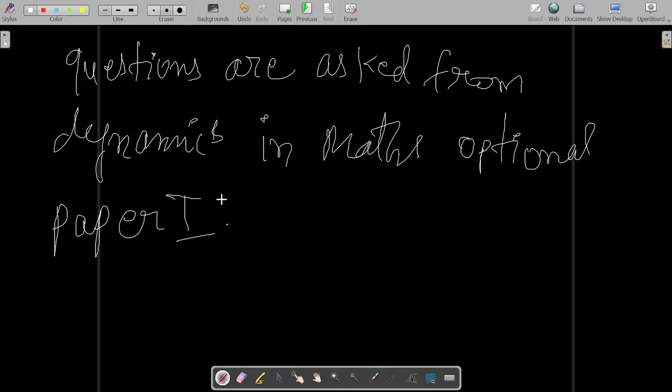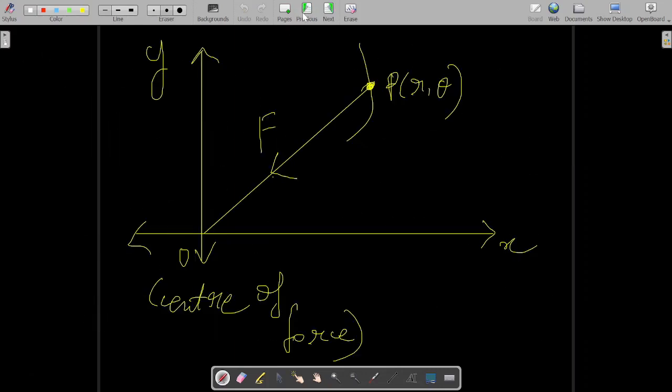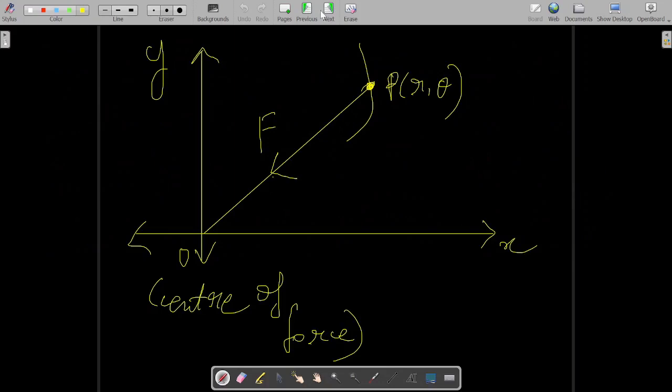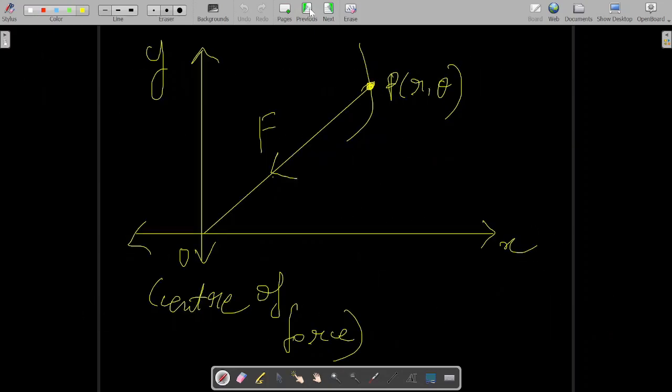You must remember this very well. We do not require at all any physical interpretation or visualization of any physical situation. All we need is to solve all this stuff mechanically. We should know how to solve all this stuff mechanically.